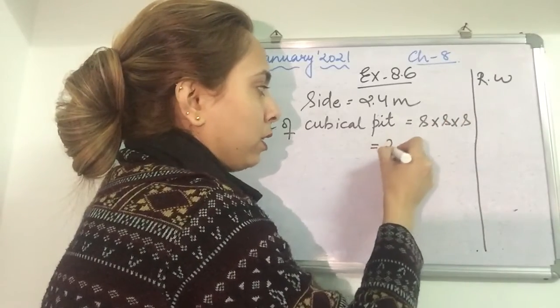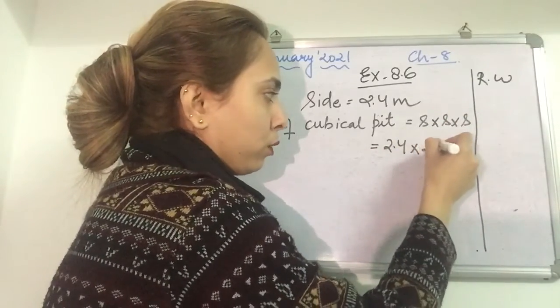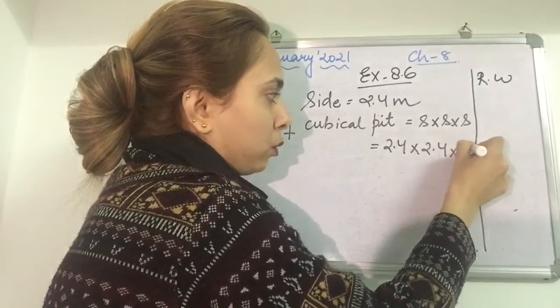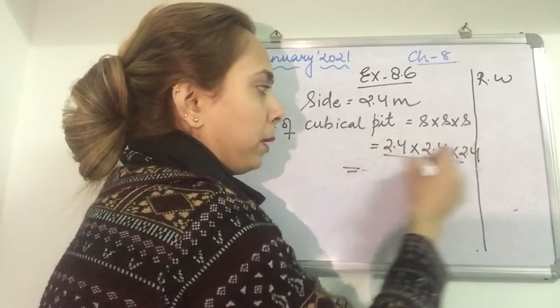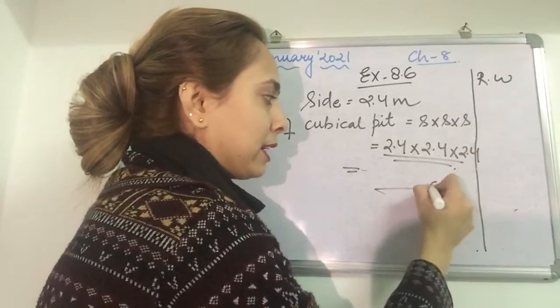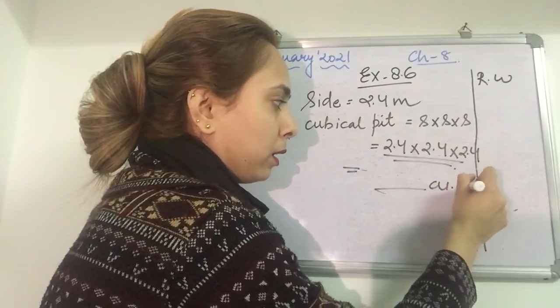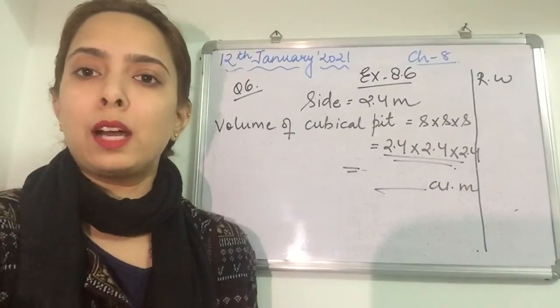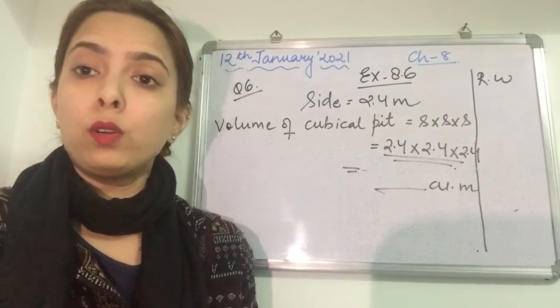So what is this side? 2.4 multiplied by 2.4 multiplied by 2.4. Multiply all these numbers and you will get the answer in cubic meter. So this answer you will find by your own.